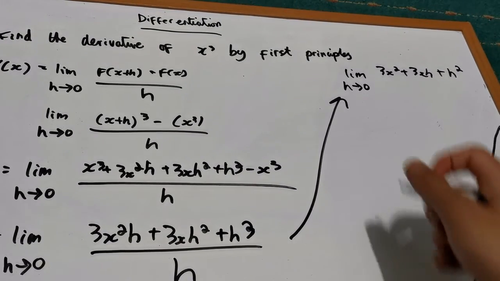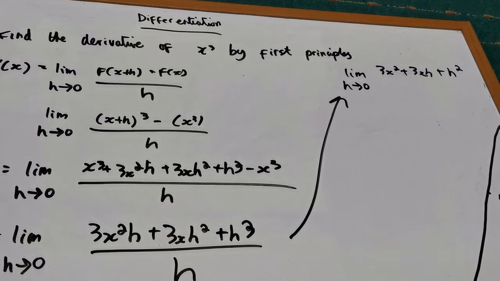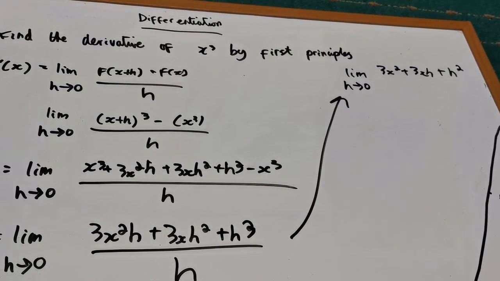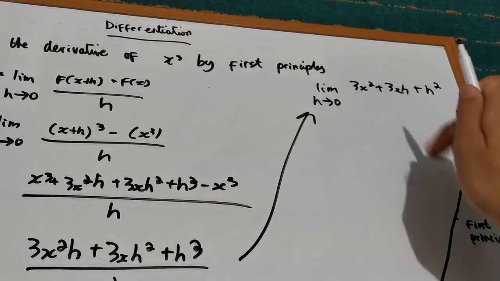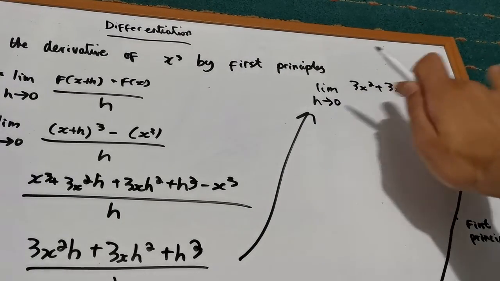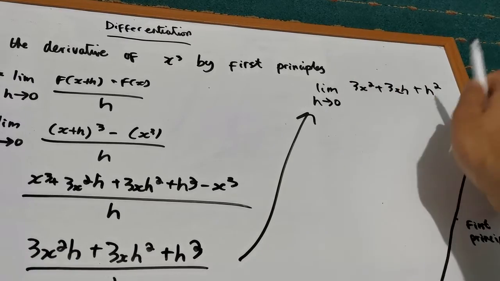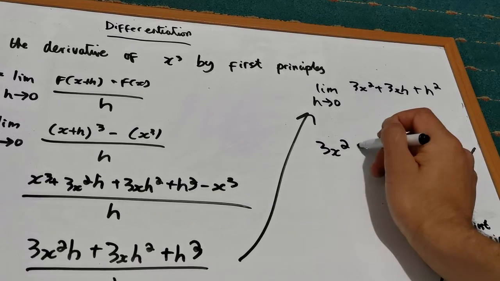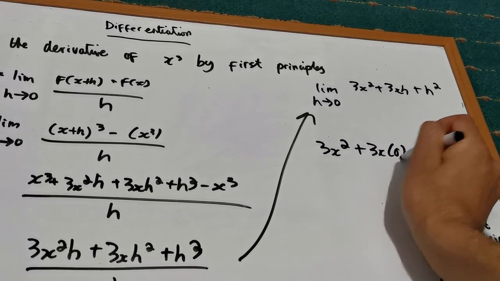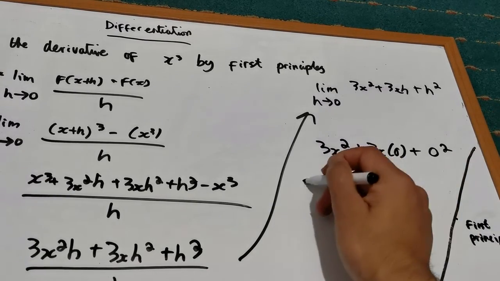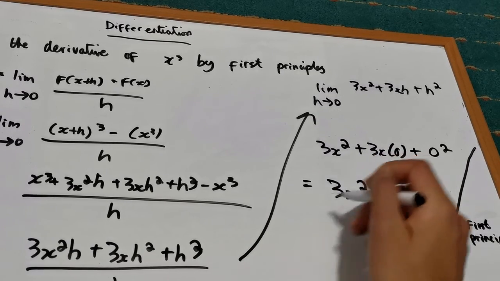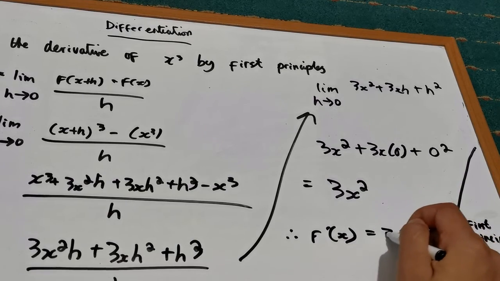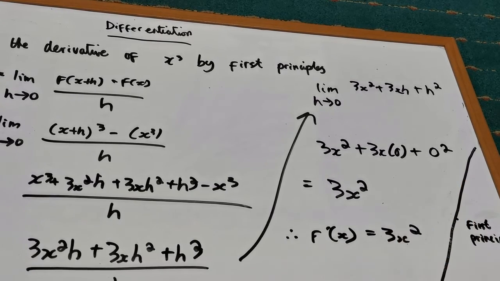The limit as h approaches 0 means as h gets infinitesimally small and moves towards 0, so all you do is substitute 0 into h, and you're left with 3x squared, add 3x times 0, add 0 squared, which is 3x squared. Therefore, f prime of x is equal to 3x squared, and this is your gradient function.